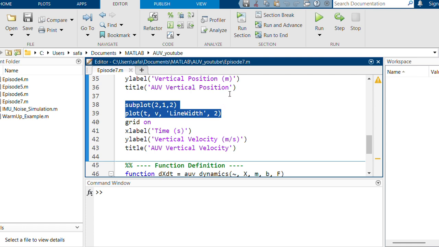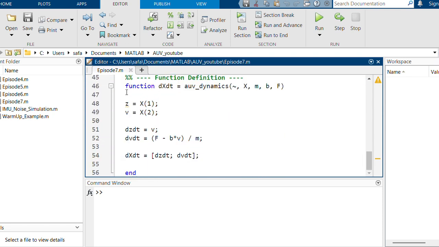Using subplots allows us to compare both responses in the same figure.